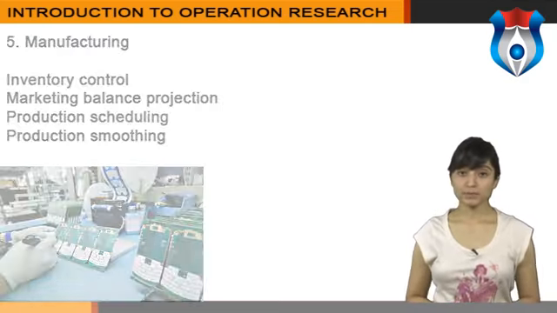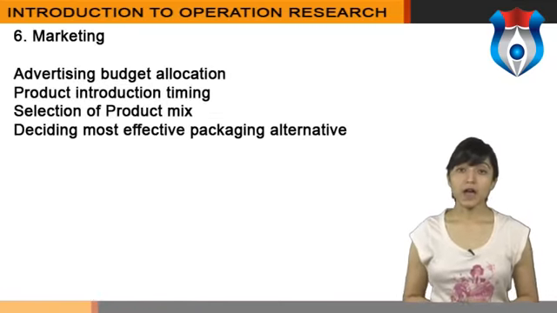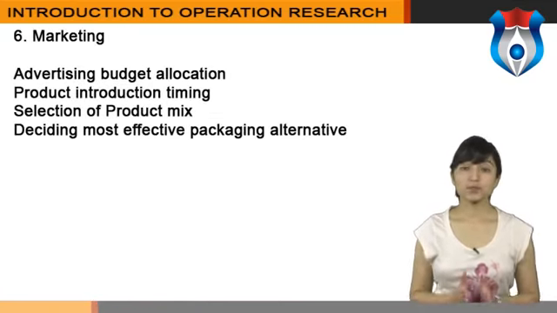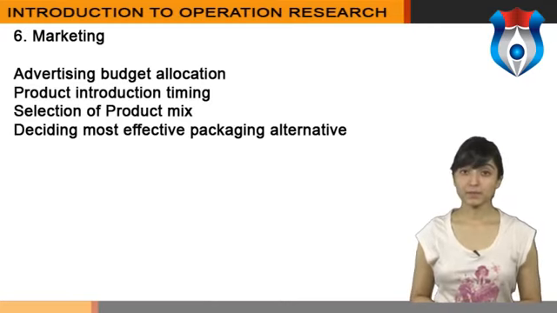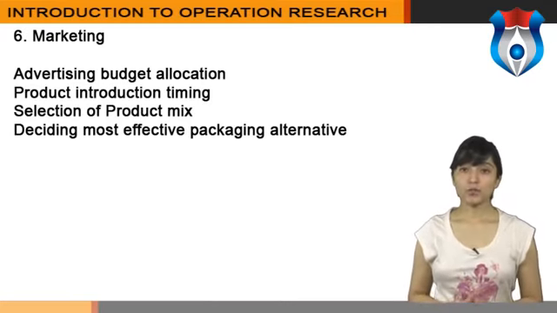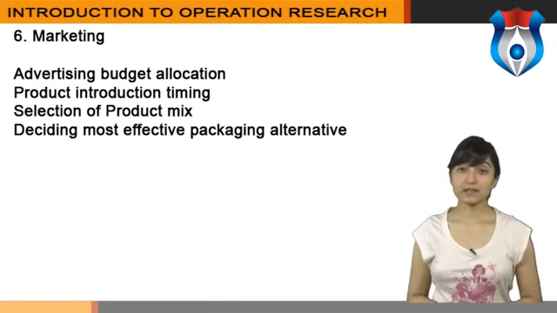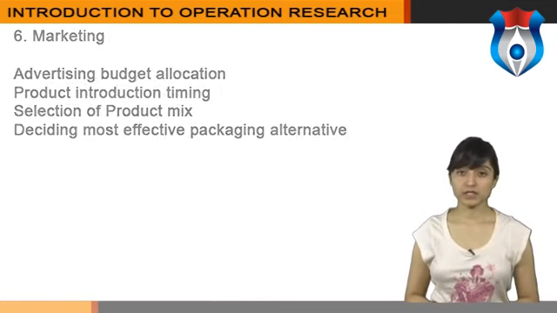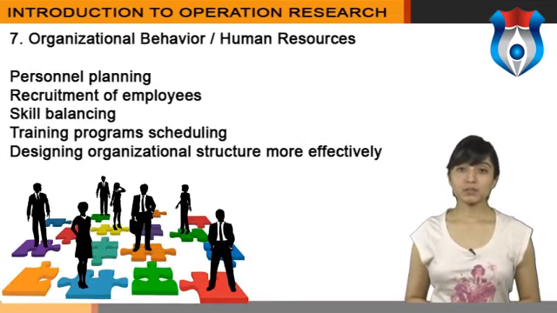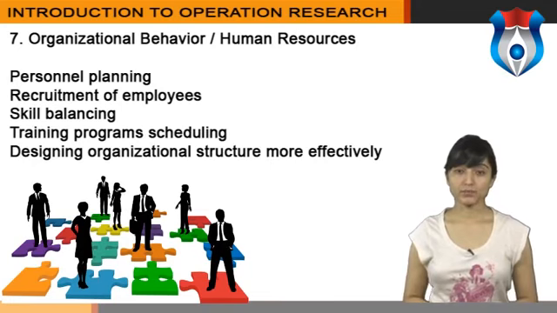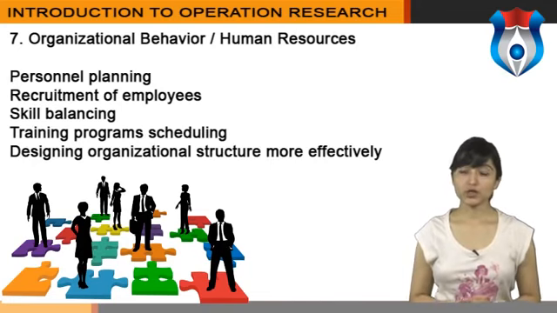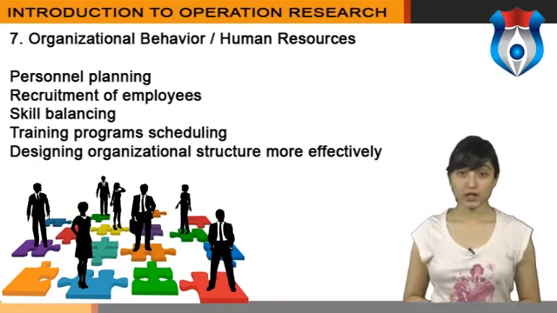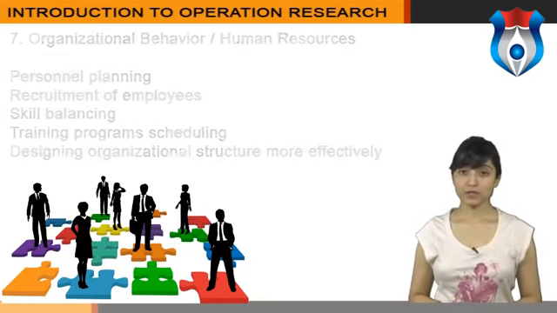production smoothing. Marketing: advertising budget allocation, product introduction timing, selection of product mix, deciding the most effective packaging alternative. Organizational behavior and human resources: personnel planning, recruitment of employees, skill balancing, training program scheduling, designing organizational structure more effectively.